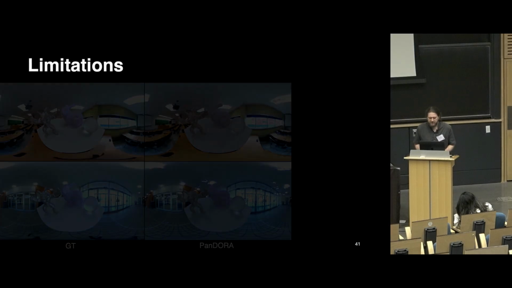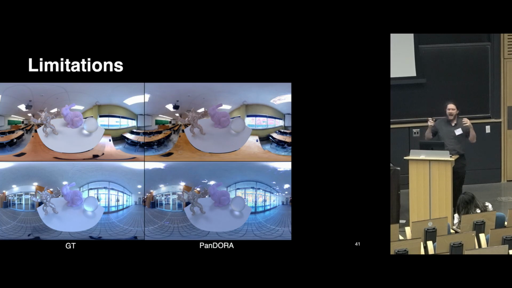Our method is not without limitations. For example, we have a fixed dynamic range that is limited by the actual camera setup. Since we're simply taking the fastest exposure of the camera, there are some examples where we cannot capture the intensity. For example, here we've got windows that are looking outdoors.